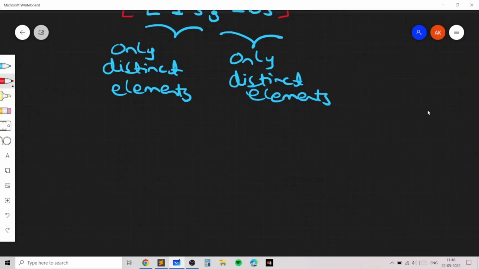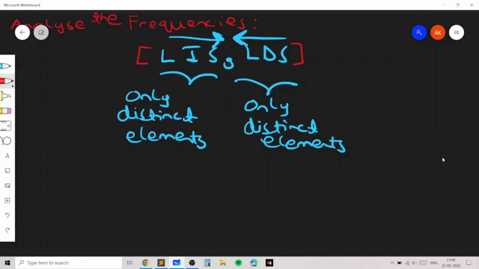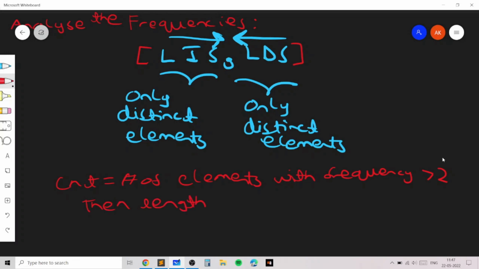So a simple idea is that if you let count represent the number of elements with frequency greater than or equal to 2, then the length of LIS and LDS will be at least count, and hence we know that we can just put count elements in the correct order in the LIS and the LDS, and it's done.